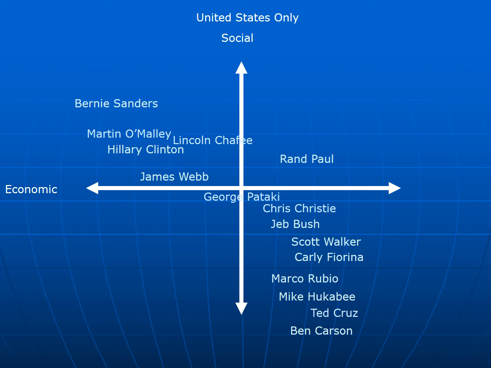Let's look now briefly at the United States, and I'll probably show you some more later on in the course. But these are the presidential candidates where they might fall using only the United States. Now, remember, everybody in this graph would, on the last chart, the one from the political compass, be in the upper right-hand corner. And that's because Americans are a very liberal society. We were founded on the principles of liberalism, as you know.